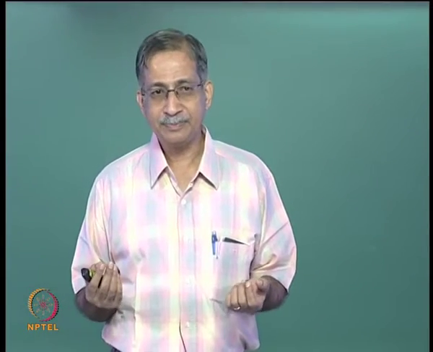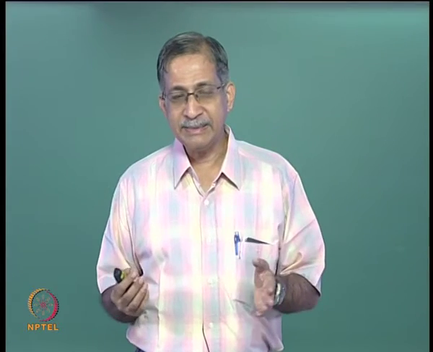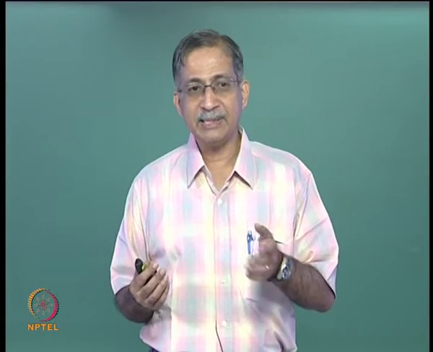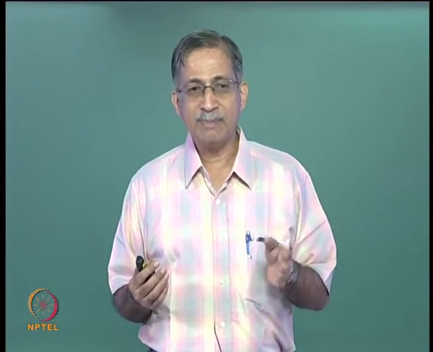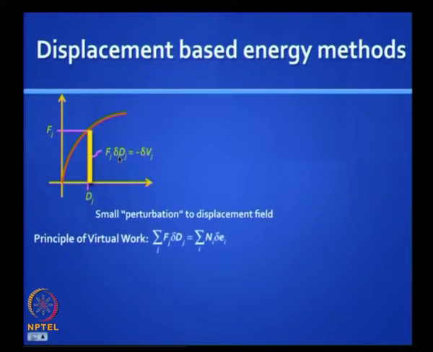prove this theorem. And so, you will see if you look at the jth coordinate, if I give a small perturbation delta dj, which you see here, then there is a small change in the load potential energy, because fj is not changing, you are not disturbing the loads.